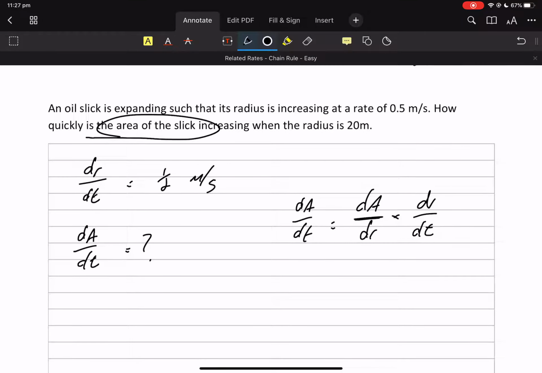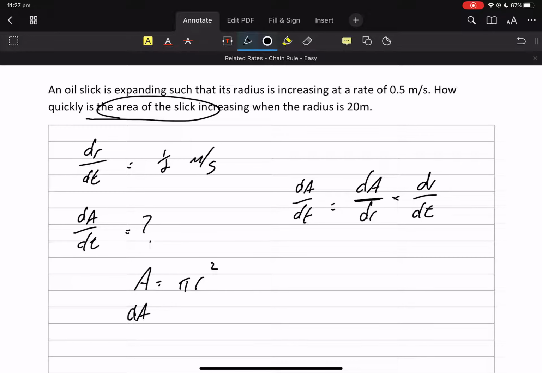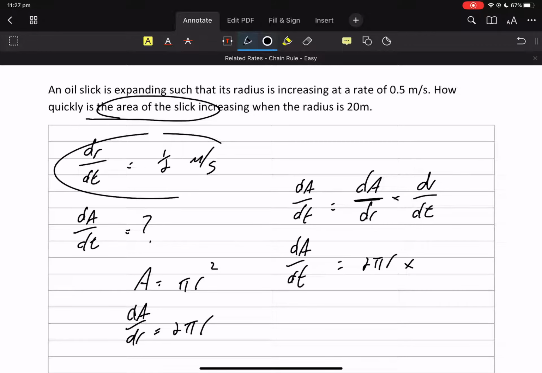Well, we're talking about a circle, the area of a circle. Oh my gosh, there's an A and there's an R. So I can differentiate to be 2 pi r. So now I know that my dA dt is dA dr, which is now 2 pi r times dr dt, which is this thing over here, times a half.